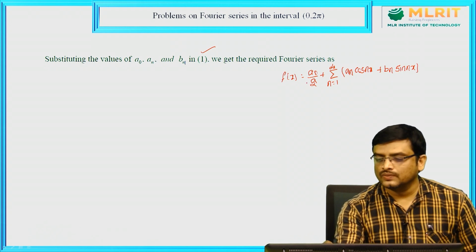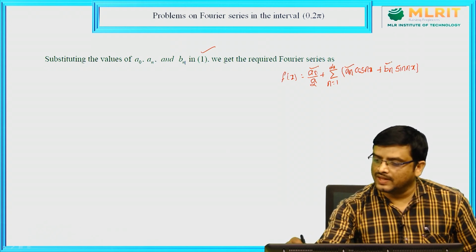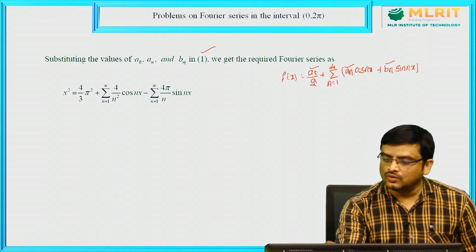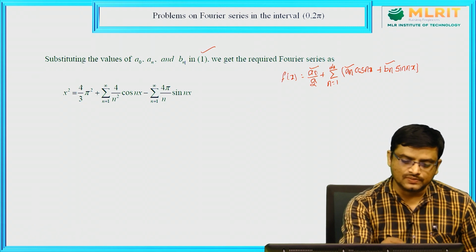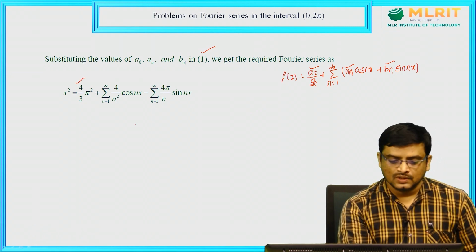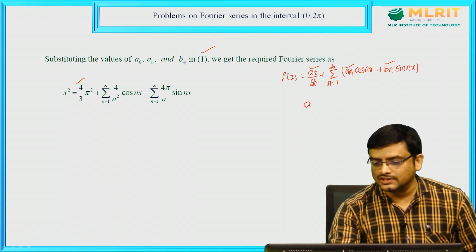Now in this we are going to substitute the value of A0, the value of An and the value of Bn. So whatever A0 value we got, we have substituted that value and divided by 2, plus summation, we got An is equal to 4 by n square.